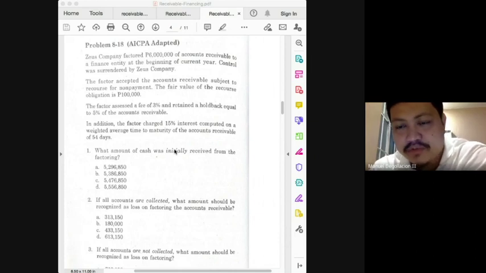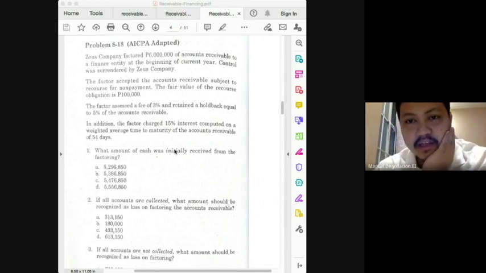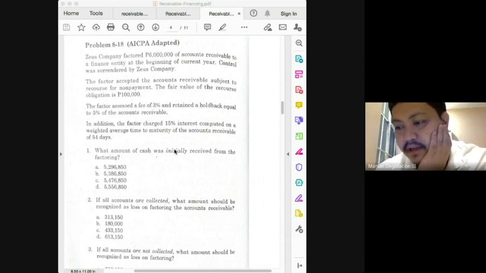What amount of cash was initially received from the factoring? So what are the possible deductions here? The factor's fee, the holdback, and the interest charge. The factor's fee and the holdback is a combined 8%. 8% times 6 million will give us 480,000. And then the interest charge here is 6 million times 15% times 54 divided by 365.